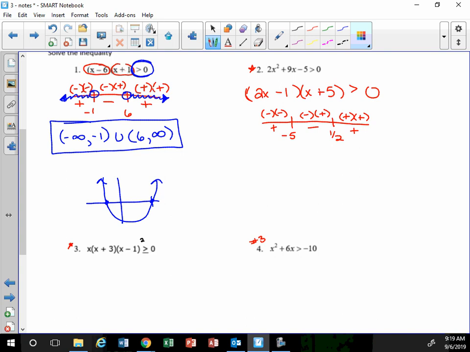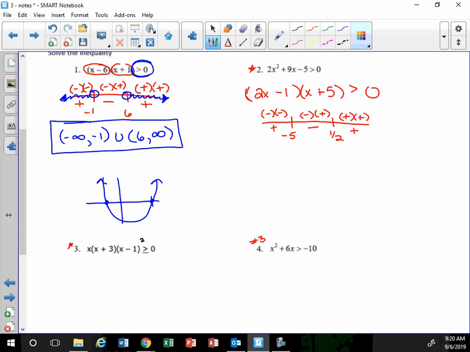If this has a multiplicity of, say, 2, is it going to alternate? No. Why? Because it bounces. So if it was positive, it's going to go back and stay positive. So you can quicken this up if you think about what the multiplicity is doing to your zeros. If that seems overwhelming, then just do lots of pluses and minuses. You can certainly do it that way.